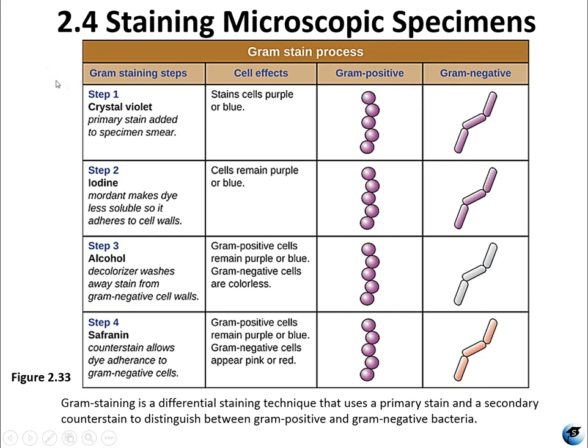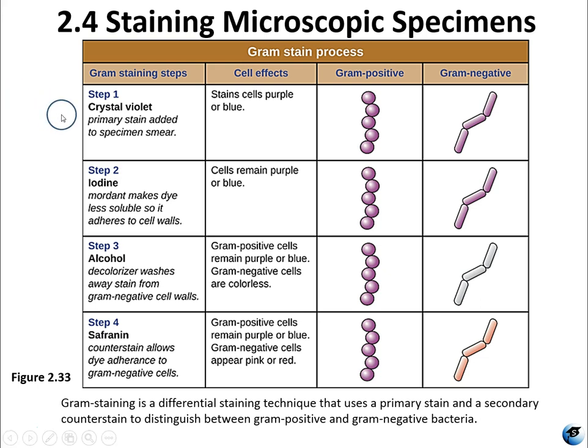Much more detail later on. But a gram stain is really one of the most widely used staining procedures. It's very useful for identification purposes, so you should become very familiar with the gram staining procedure, how it works, why it works. Okay, so let's go through this.